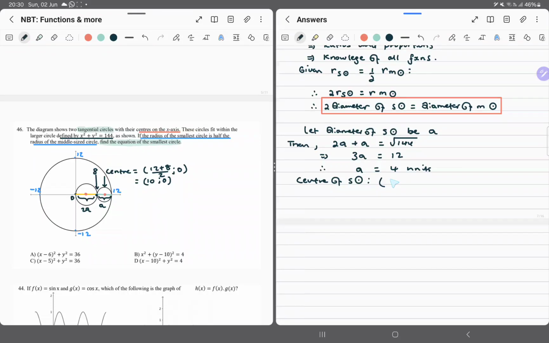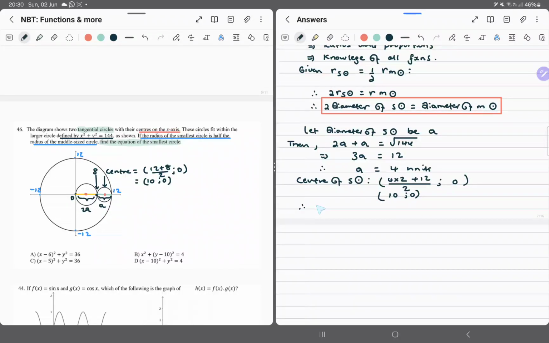So the value there was basically 4 times 2 plus 12 over 2 and 0, which is going to give us 10 and 0.